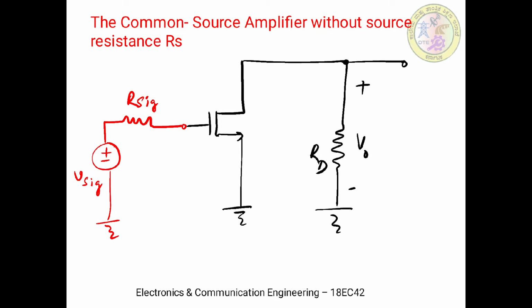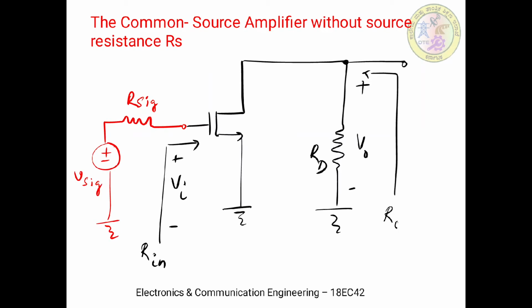Okay, so now in this circuit, here we measure what is known as input resistance Rin with Vi appearing across gate and source, or at the input of the amplifier, and here at the output terminal we measure output resistance R0 of the amplifier.